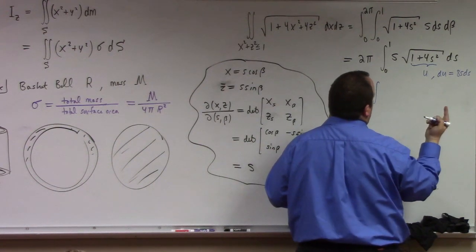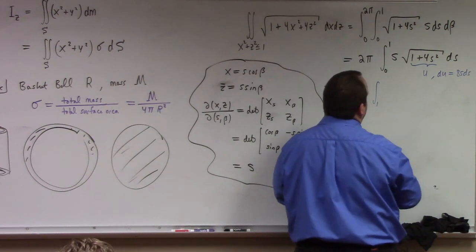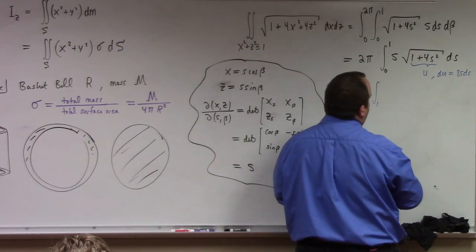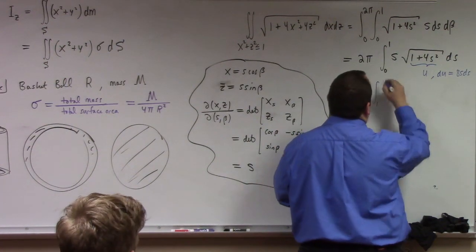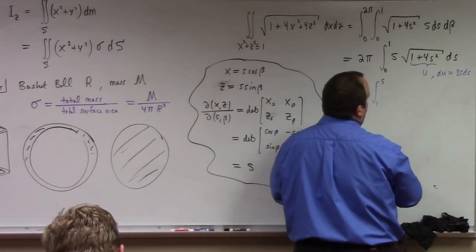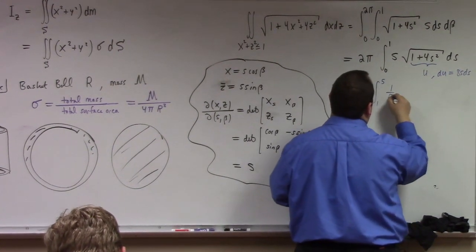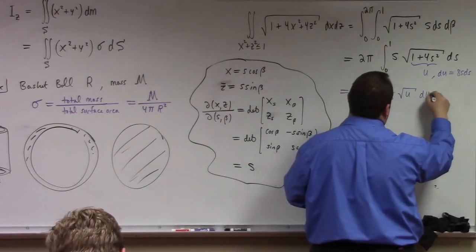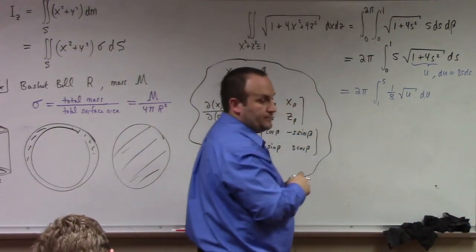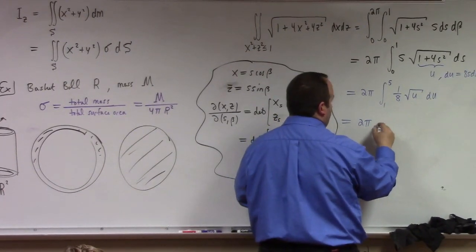So what we got here is 2 pi integral. Let's see if I change the bounds. What do they change to? 1. Plug in s equal to 1. What do you get? 5. And that is apparently 1/8 square root of u du. So that gives us 2 pi over 8.